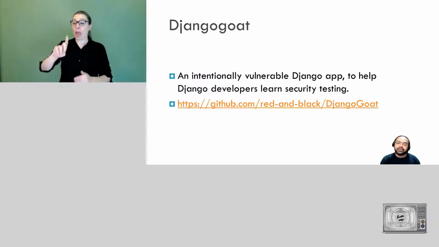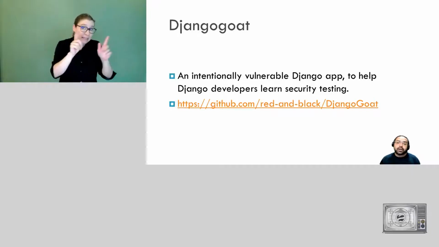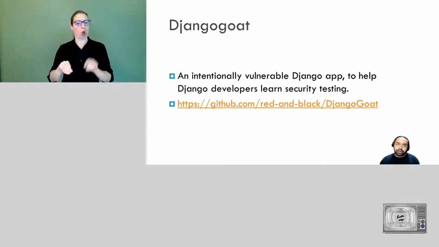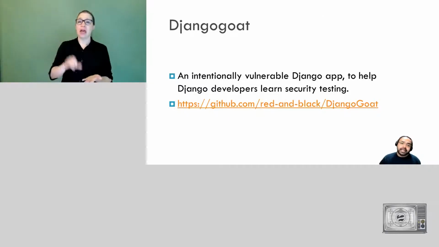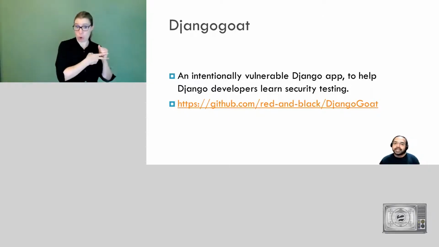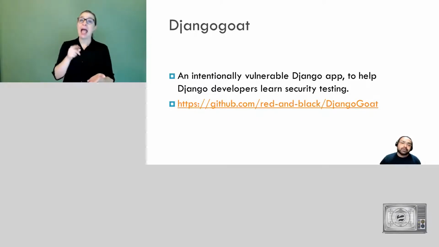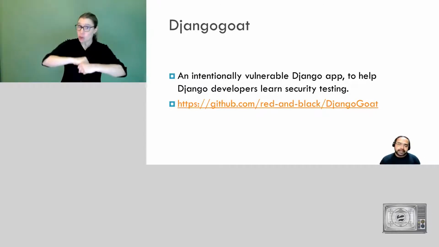The next is Django code. If you are interested in learning penetration testing of Django web applications, you can install this Django code application from this repository, which is an intentionally vulnerable Django application, and it will help you learn security testing.